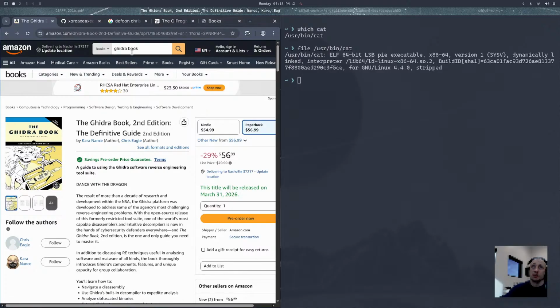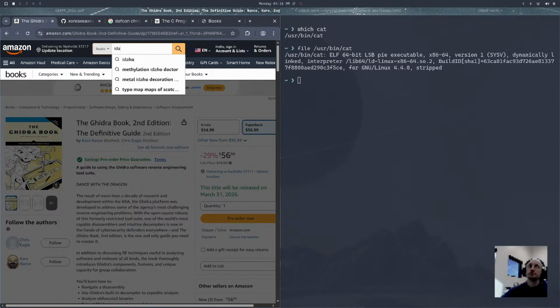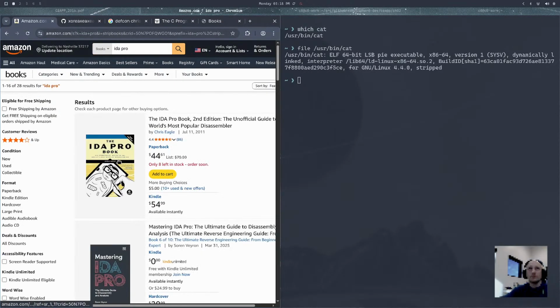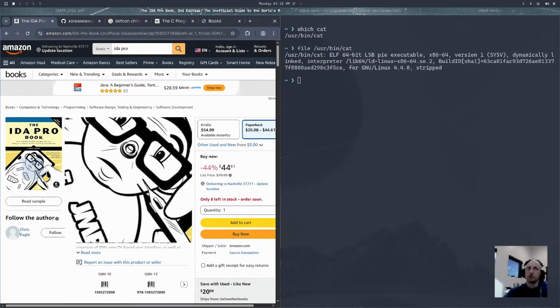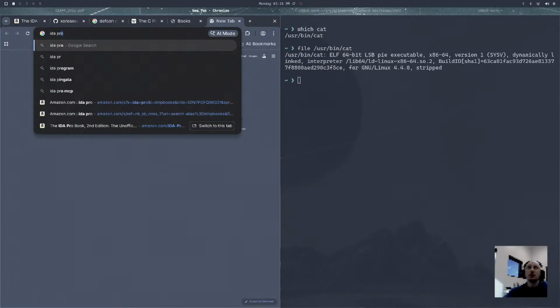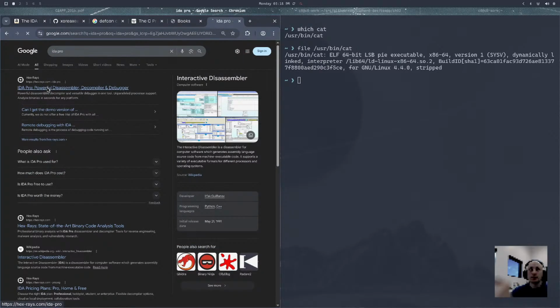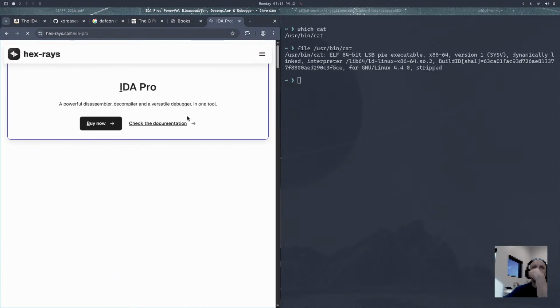IDA Pro is the other tool. It's similar to Ghidra, but IDA Pro is commercial. It's not cheap either.